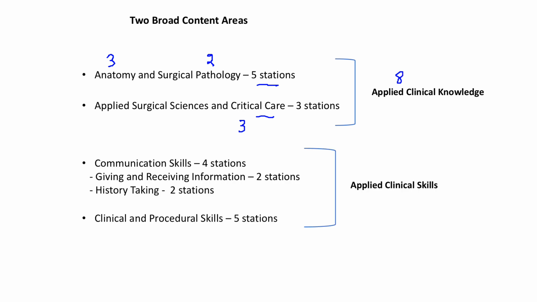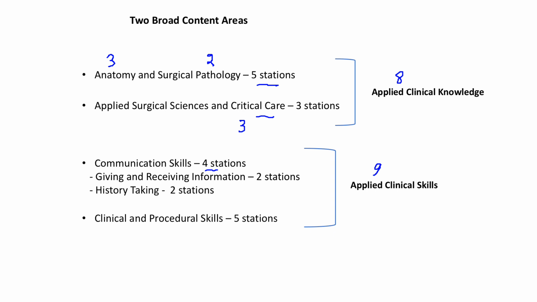And we have 9 stations that assess applied clinical skills. Of these 9 stations, there are 4 communication skill stations, and of these 4, 2 stations are history taking stations. In these stations you take history from patients who are actually not real patients but actors.